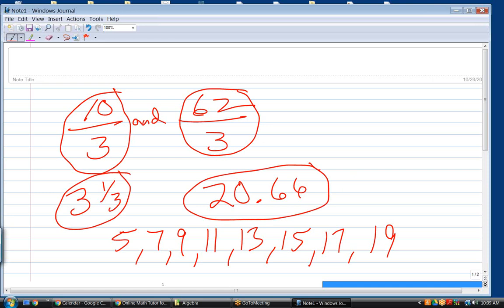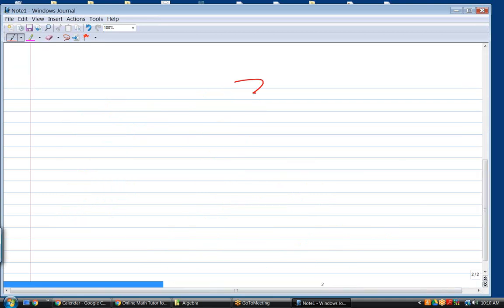Okay. All right. What is the greatest integer that will divide evenly into these two numbers, 36 and 54? So we're basically looking for a greatest common factor.